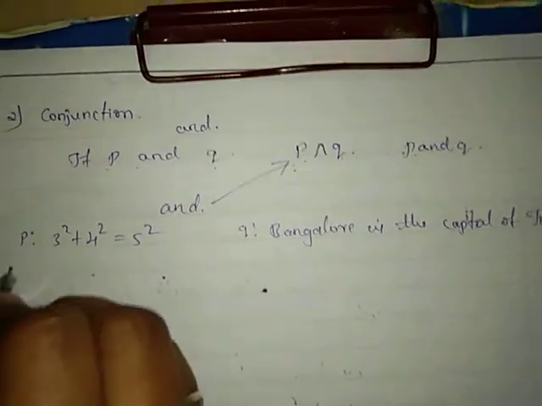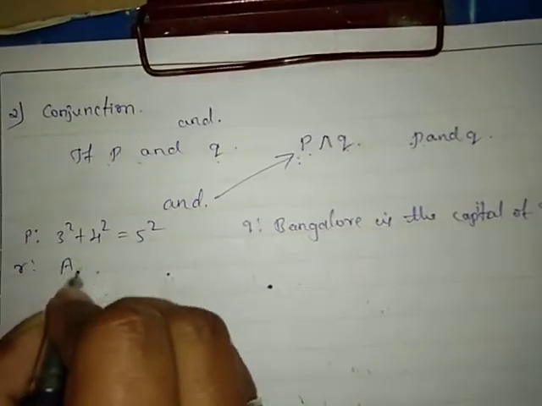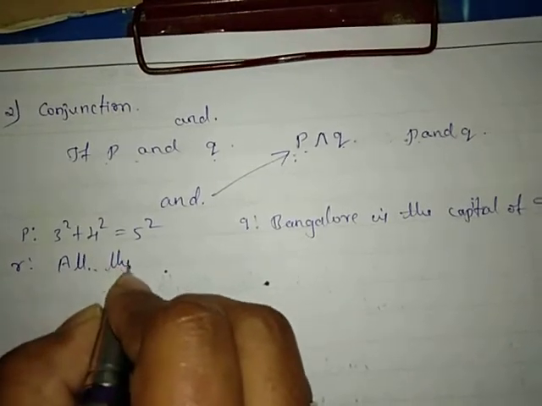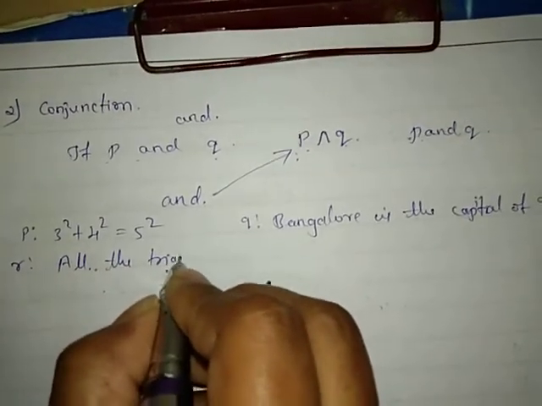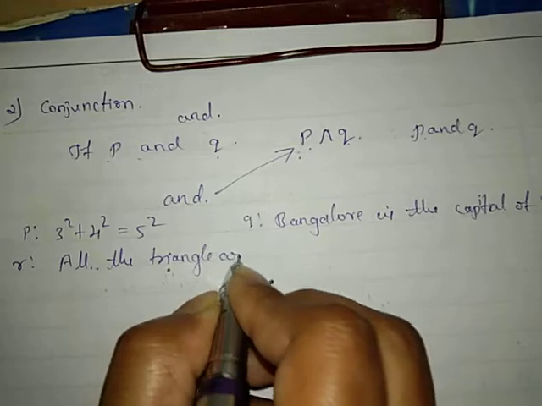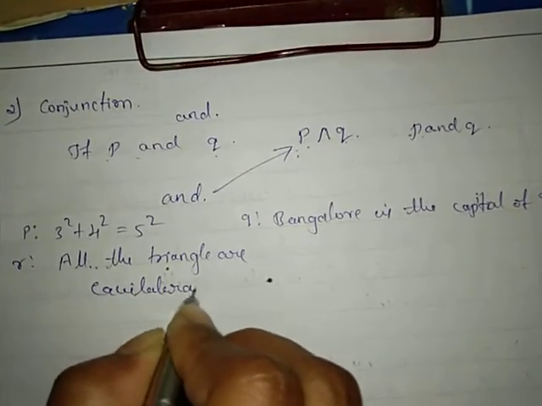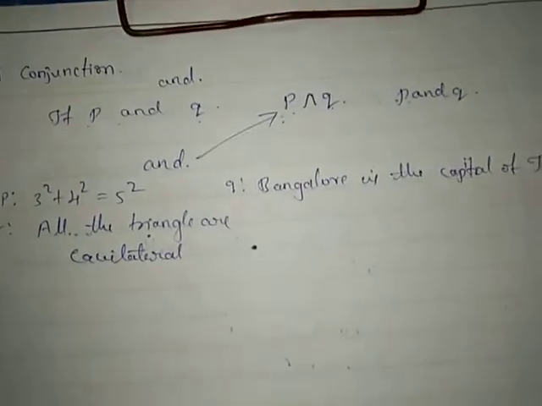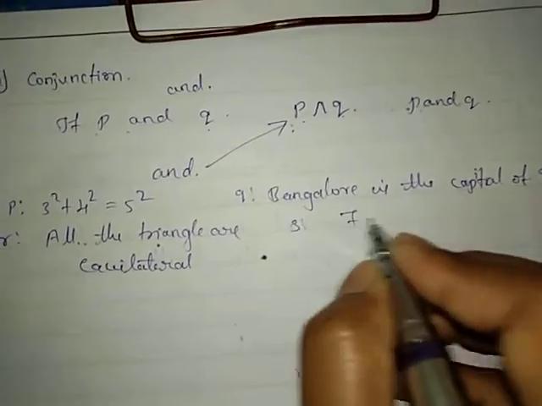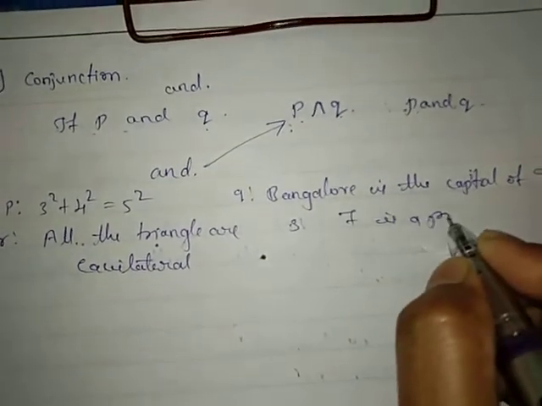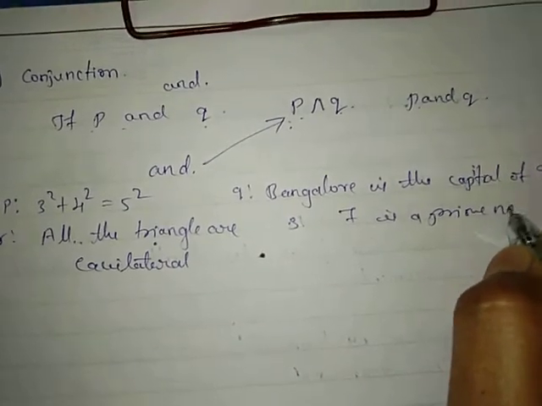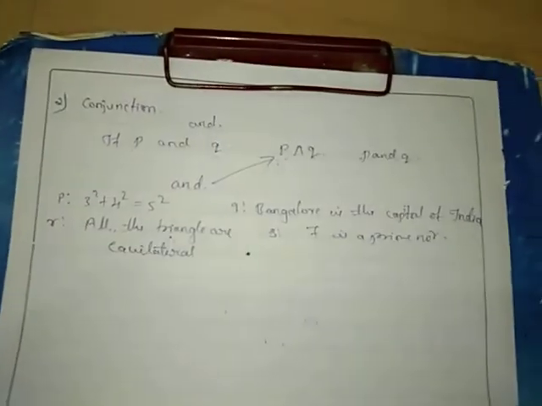And also I am taking one more proposition R: All the triangles are equilateral. And also one more, S: 7 is a prime number.